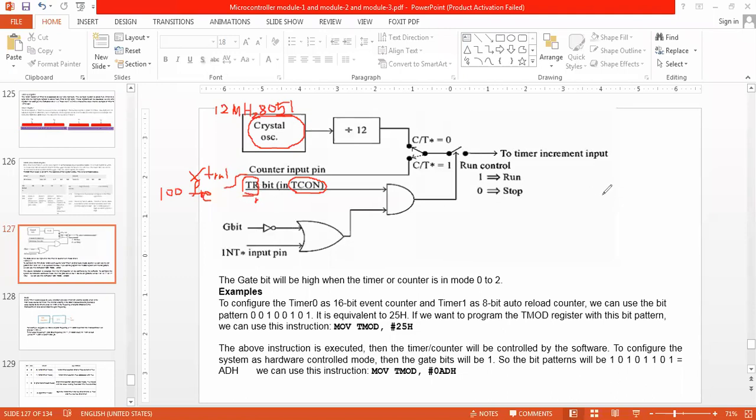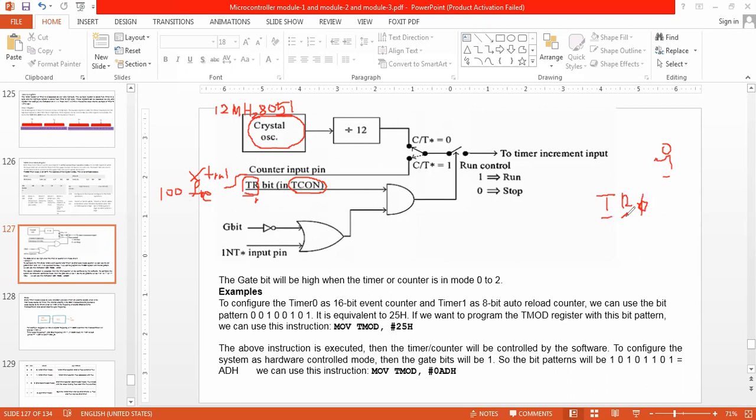Okay, there are 2 bits, TRX, where X stands for either 0 or 1: timer run 0 or timer run 1. So if I have selected timer 0, I will write TR0. If I am working on timer 1, then I will write TR1.